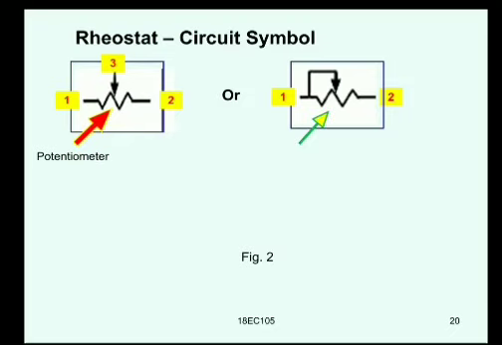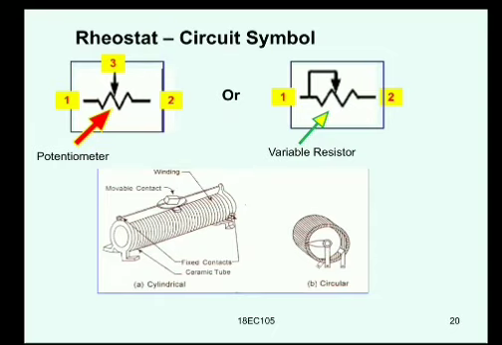Then the next one is the symbol where you can see only terminals 1 and 2. That means if you connect a load or an instrument to measure the resistance between 1 and 2, as you go on rotating the terminal, you will get a variable resistance. That's why it is called a variable resistor.